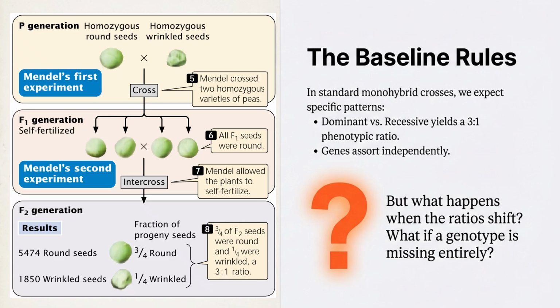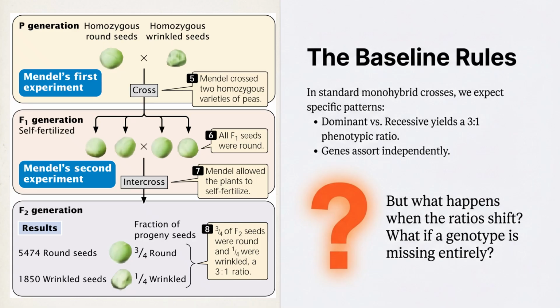So before we break the rules, let us refresh ourselves on the baseline. In a standard Mendelian monohybrid cross, such as Gregor Mendel's round versus wrinkled seeds, we expect specific predictable patterns.